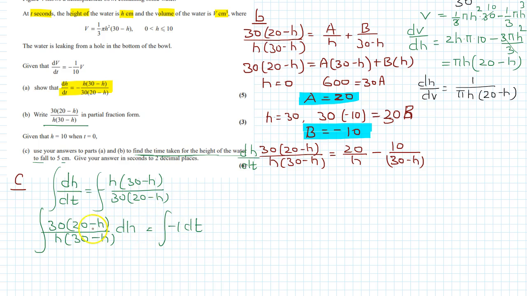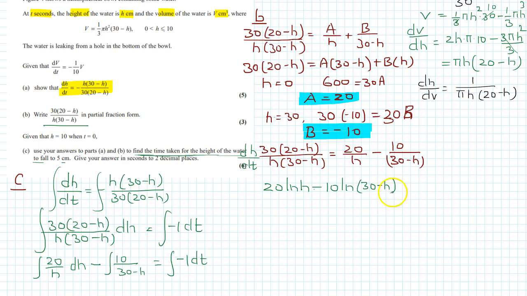Yes, now we have this. So this can be written as integral 20 over h dh minus integral 10 over 30 minus h dh is equal to integral minus 1 dt. 20 over h dh is 20 ln h, minus 10 ln(30 minus h) divided by minus 1, is equal to minus t plus c.